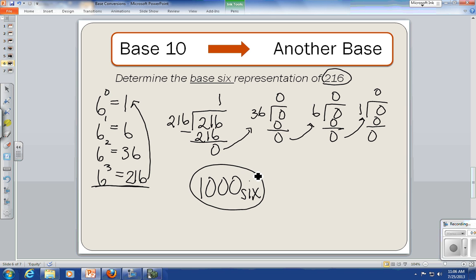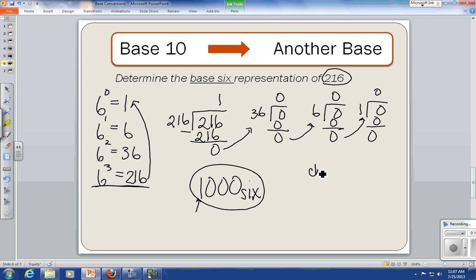Now why do I have to divide all the powers until I get down to 1? Well, because I need this 1 right here to be in the 6 cubed position so that it has that value of 216.